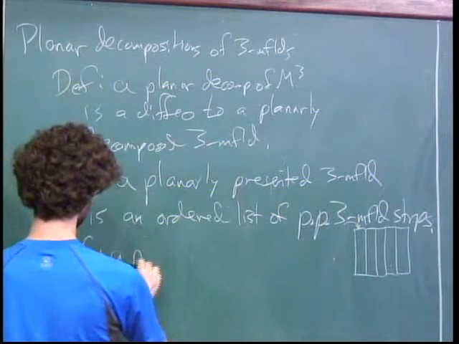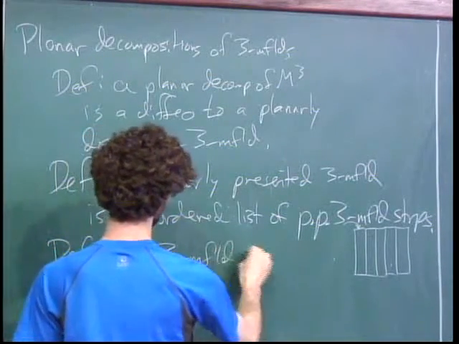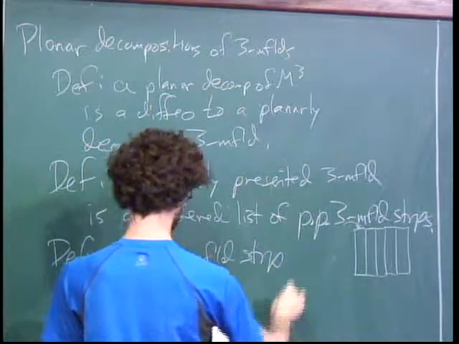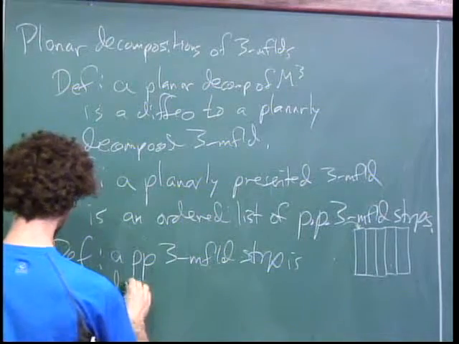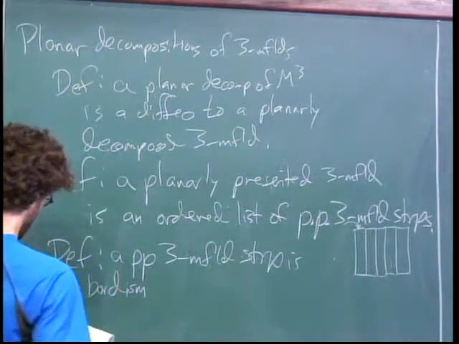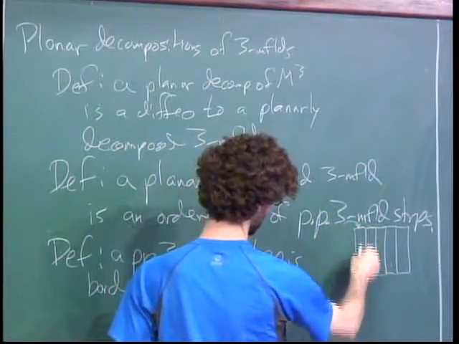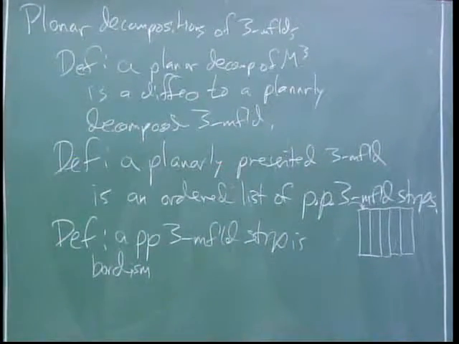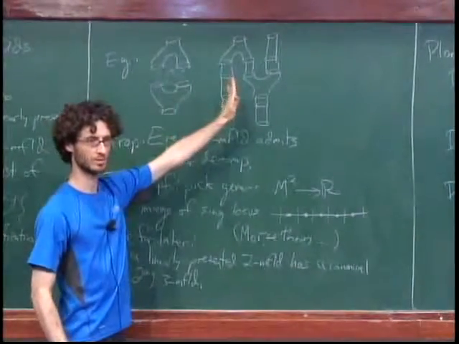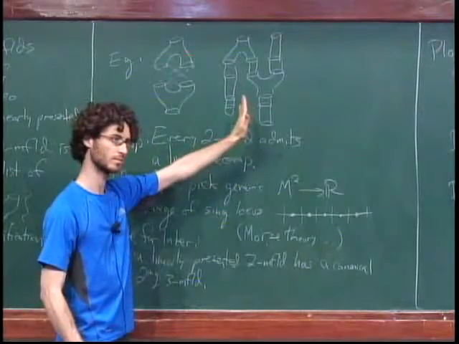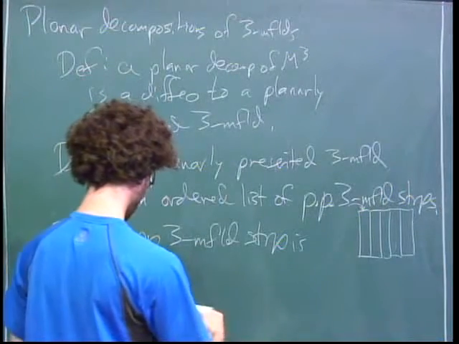So a planarly presented three-manifold strip is the bordism obtained. So what are we going to do? Along each vertical line, we're going to have a linearly presented two-manifold like these, and then we're going to modify them in certain elementary ways. And a single elementary modification is going to give us one of these single elementary strips.